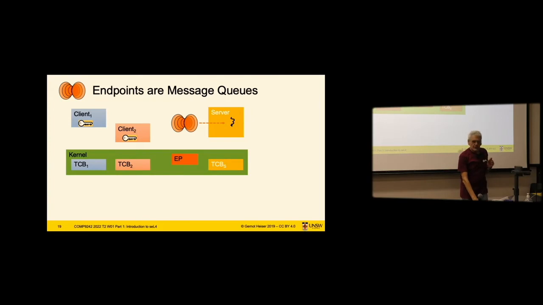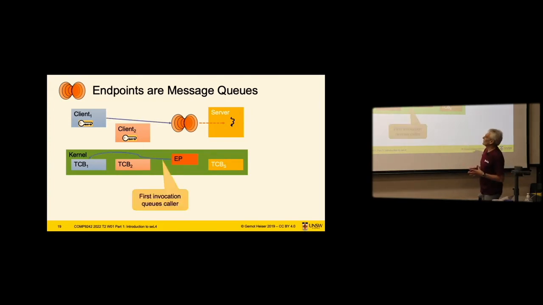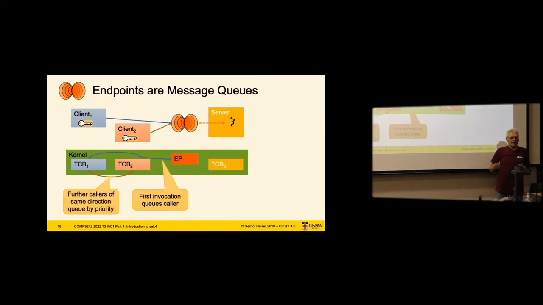So what happens if a client comes along and is trying to send to the server and the server is not ready to receive? Then the endpoint queues the client. So there is a pointer from the endpoint to this client that is now blocked trying to send on this endpoint. And then if the server doesn't get around to dealing with this and the next client comes along and tries to send to the same endpoint, then it also gets queued behind.